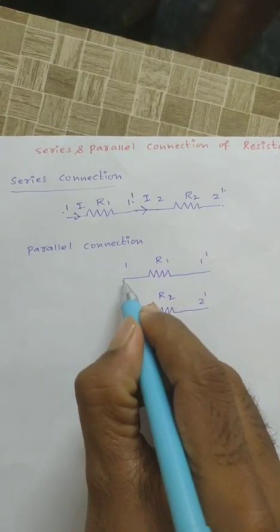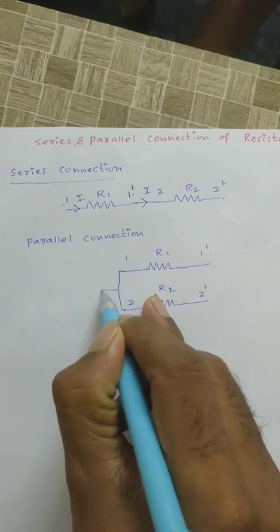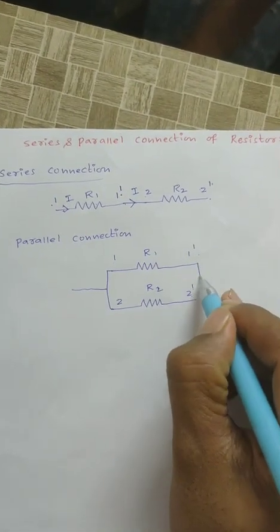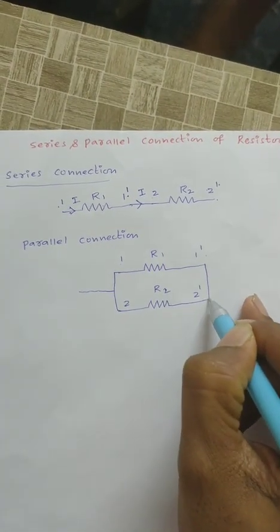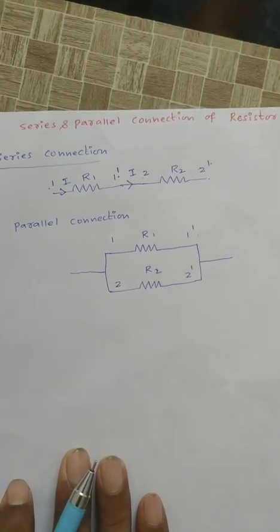Okay, the starting ends of the two resistors are connected to a common point, and the finishing ends of the two resistors are connected to a common point, then those two resistors are said to be in parallel.